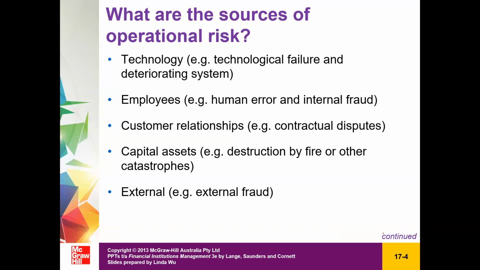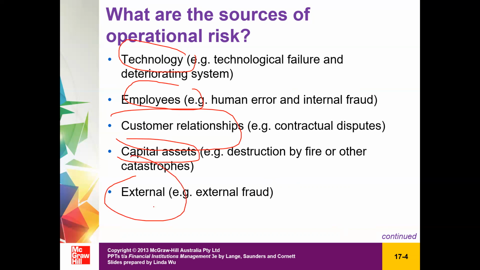There are at least 5 sources of operational risk: technology, employees, customer relationships, capital assets, and external. You can see a few examples of each of these. Technology, for example, technological failure; employees, like human error and internal fraud; customer relationships, for example, contractual disputes; capital assets, such as destruction by a natural disaster; and external, for example, external fraud. So these are some examples of operational risk.